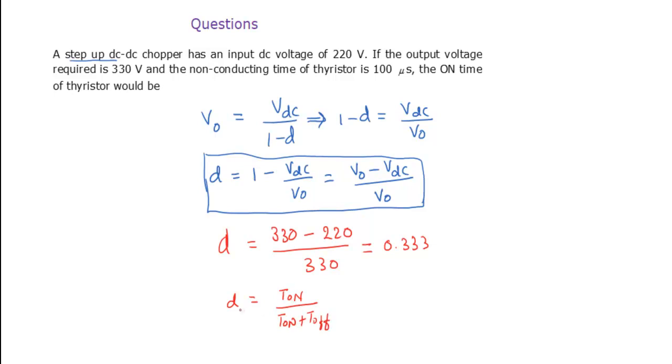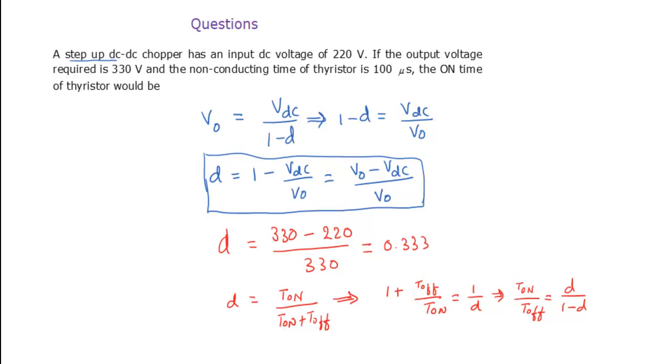So we know T off, we can calculate T on using the duty ratio. If you want, you can restructure this in a different way. From this equation you can get that T on by T off equal to D by 1 minus D. You can also get this in a different way.